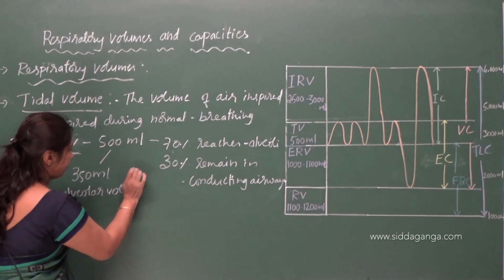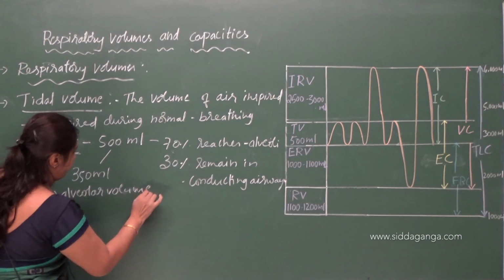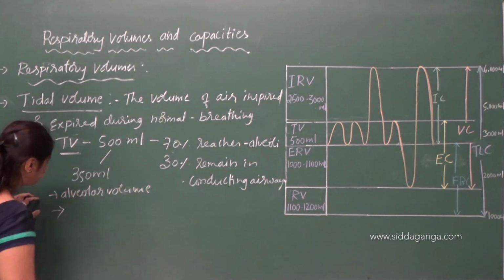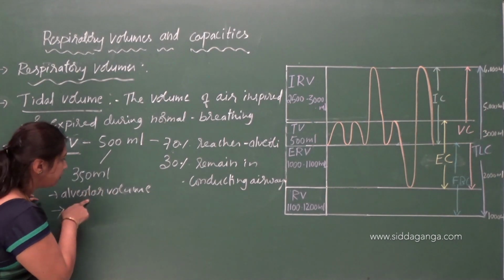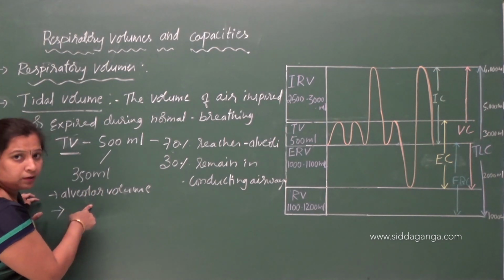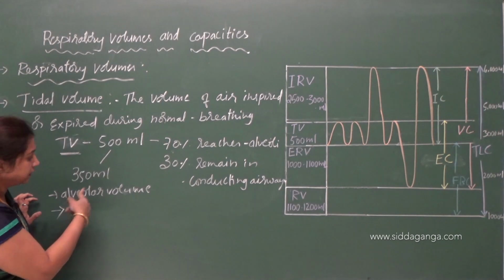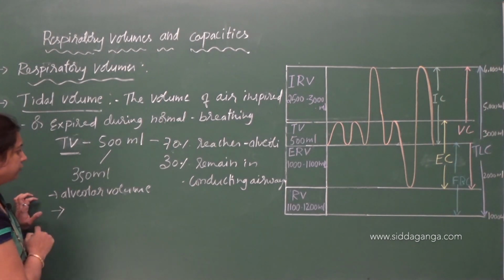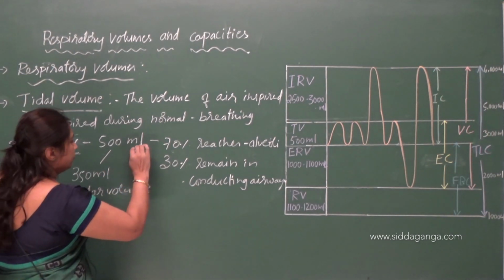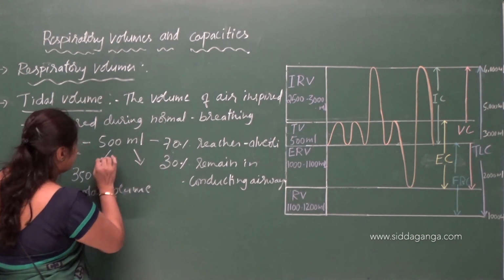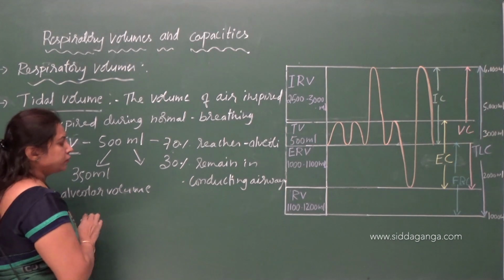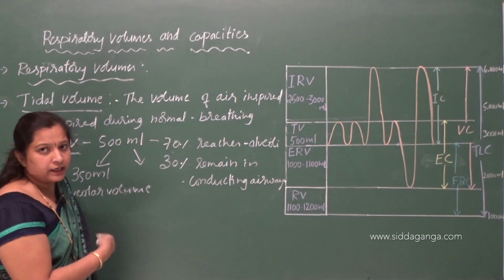This is the alveolar volume, the volume of air that is available for gaseous exchange, that is, for respiratory exchange. Now the remaining 30% will remain in the conducting airways, and that is not involved in the respiratory exchange.